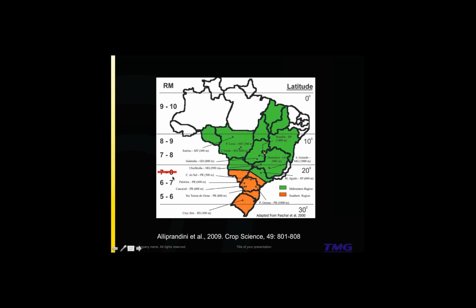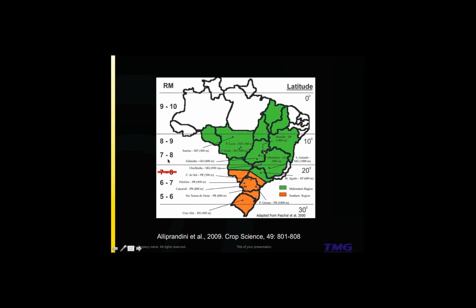We almost do not grow groups 7 to 8 anymore here in southern Brazil. So that's another thing that happened. We started to shorten the maturity groups that are used for double cropping. And in central Brazil, we essentially grow groups 6.5 up to 9.